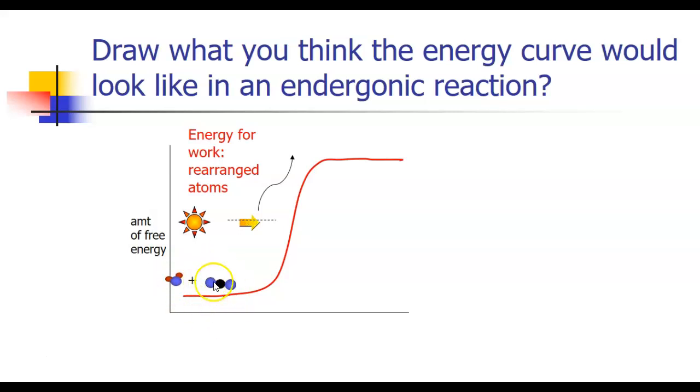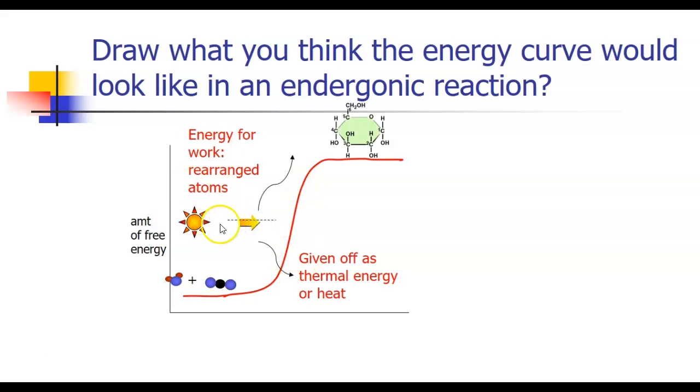So the amount of free energy is going to be increased. Energy is going to need to be put in. The example here we have is water and carbon dioxide, and energy in the form of light being put into this reaction to rearrange those molecules, in this case to make sugar, to make glucose.